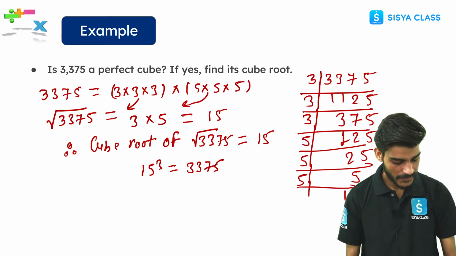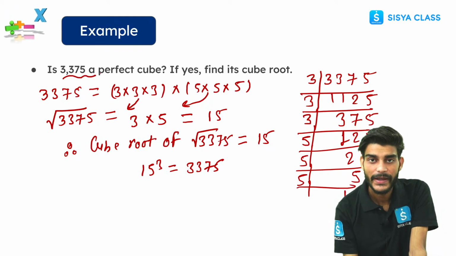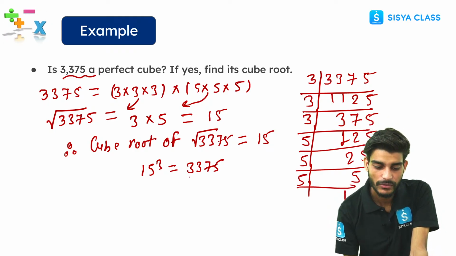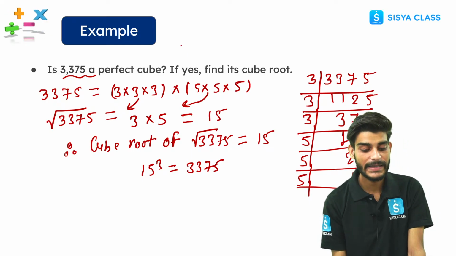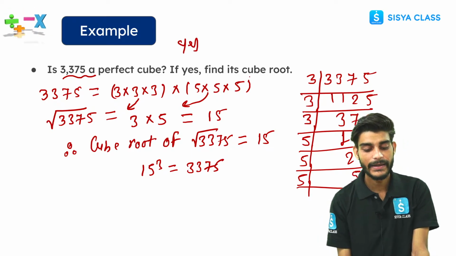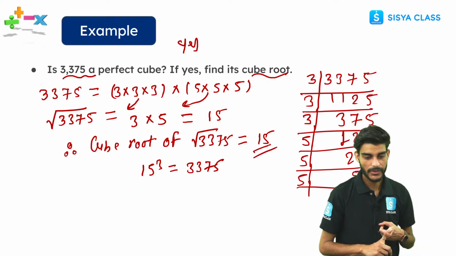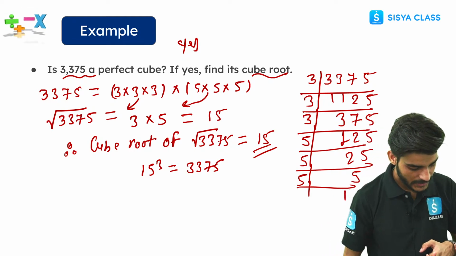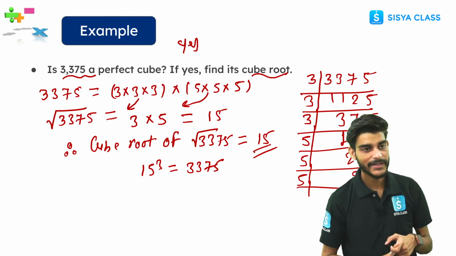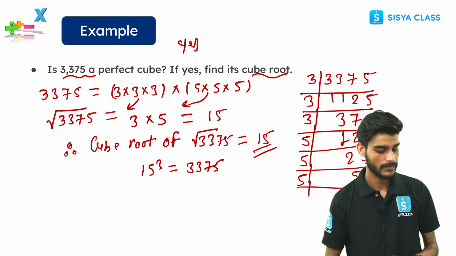Is this correct or not? So 3375 is a perfect cube because 15 cube is 3375. So the answer is yes, it is a perfect cube and its cube root is 15. Clear? The first question is clear to you? That is why I told you the prime factorization method is one of the most important in finding cube roots. Okay?